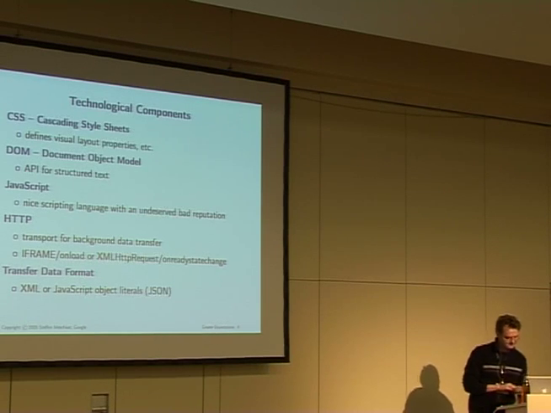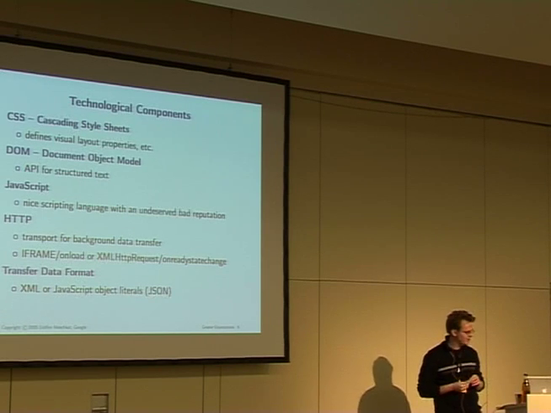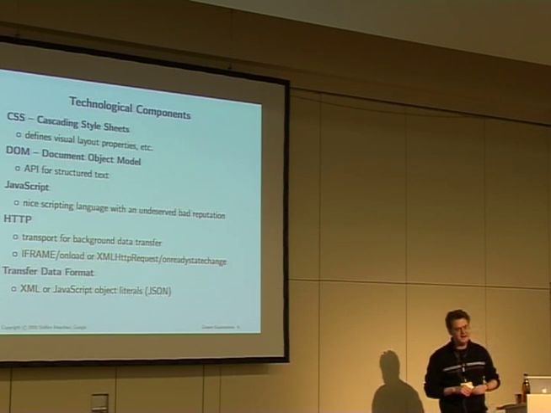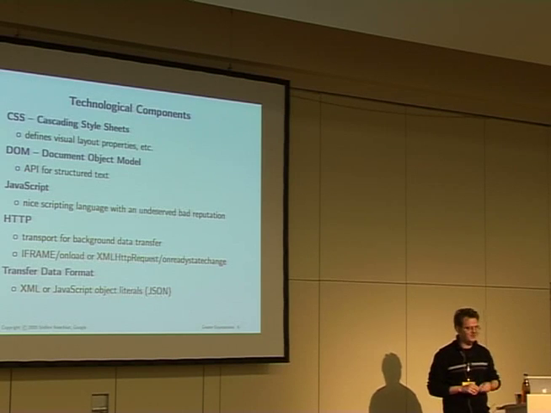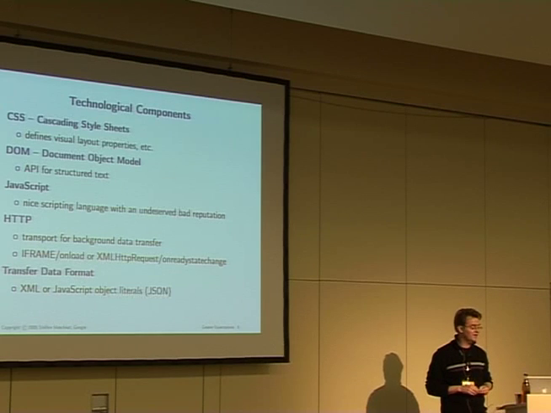The next technology is JavaScript. That's the programming language, and this programming language has been widely ridiculed for certain of its properties, particularly for its name, and it also has the bad reputation of being a silly language and not really respectable and all that, which it turns out it isn't.